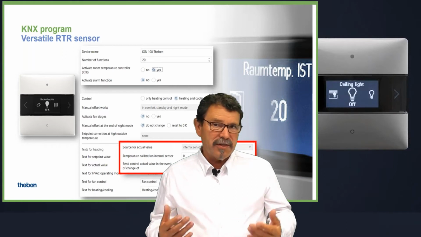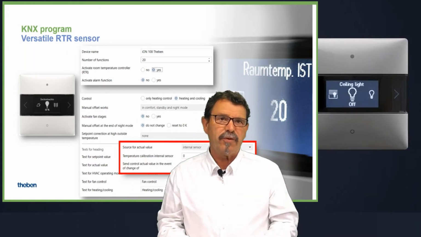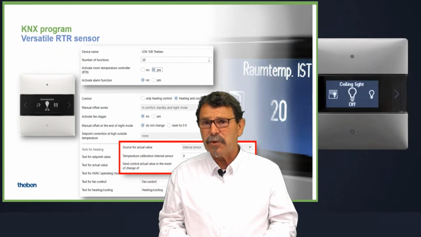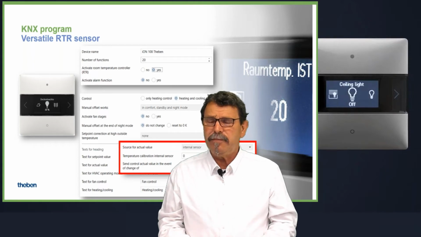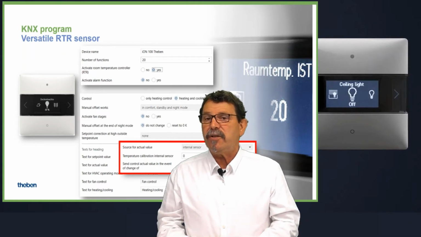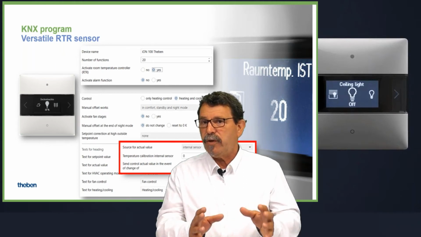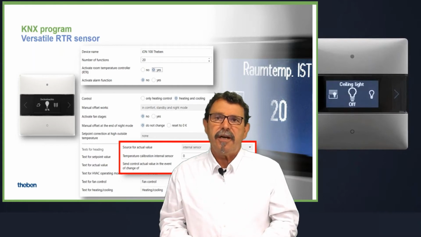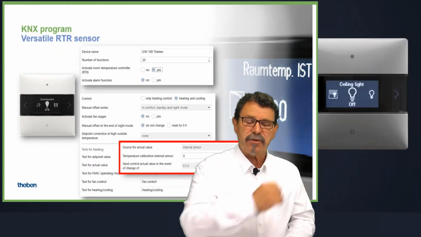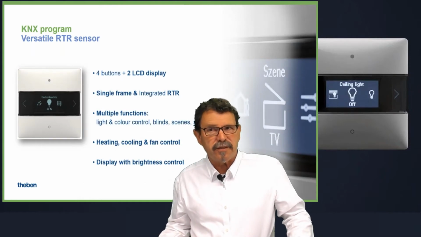So probably there is a need in an industrial area or in a huge conference center, however, to tap somewhere else the real room temperature at a specific place. So we can deactivate the internal sensor and activate the external sensor. And due to that, we can really measure in the spot where you have specified, and this nice room temperature controller is controlling accordingly. We have all these flexibilities.